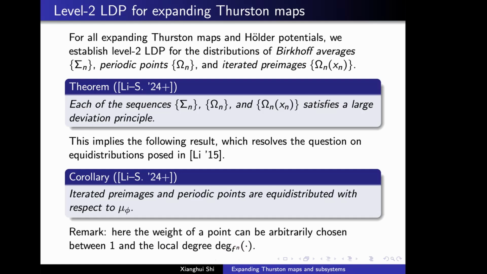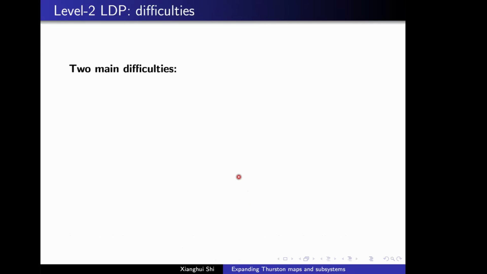The main difficulty in establishing the level 2 LDP can be summarized in two aspects. The first one is due to the presence of critical points, so the dynamical system is not uniformly expanding, which is a well-acknowledged difficulty in dynamical systems.